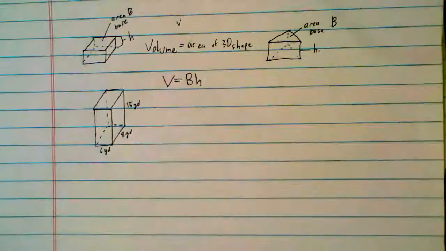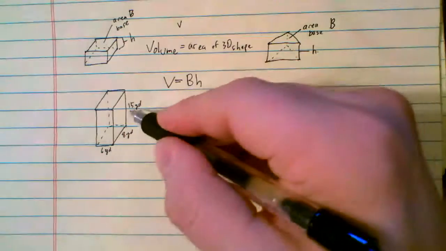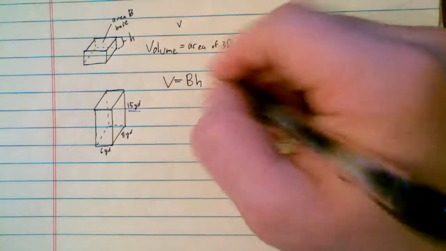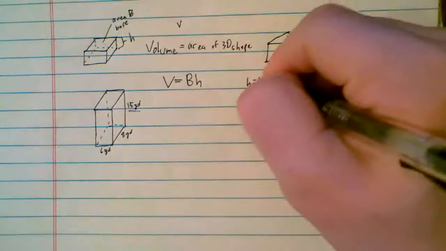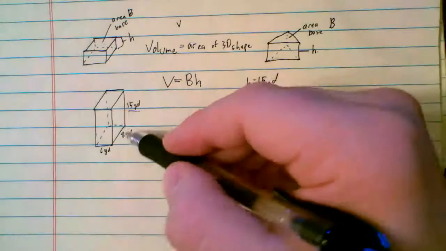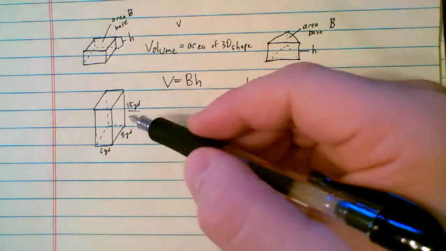We start off by looking at our formula, base times height. What is our height? Well, that's the easy part, 15. So we know height is 15 yards.